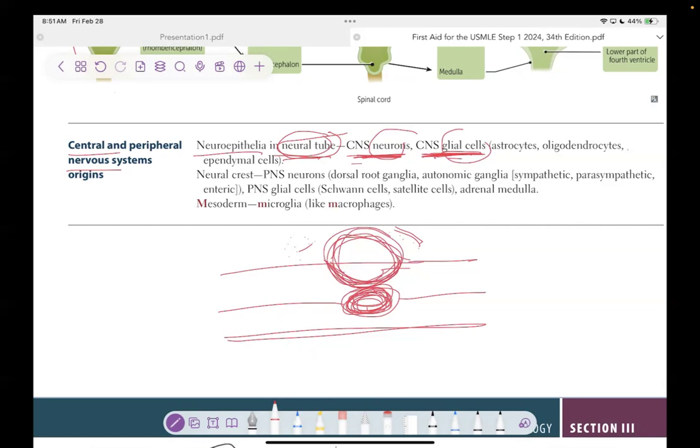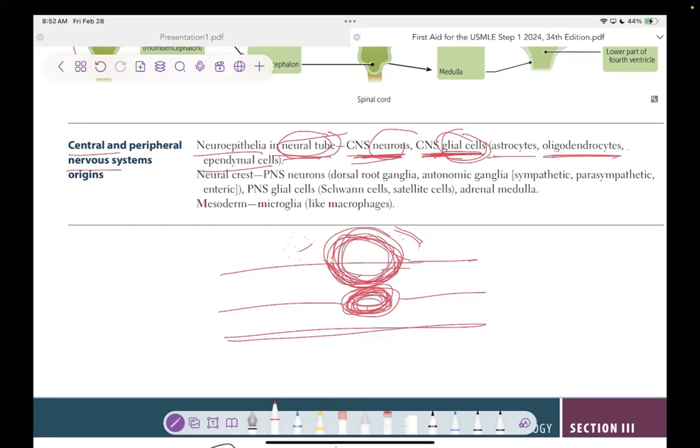About neurons, we know they have a dendritic part, an axonal part, and a body. But about glial cells, we need to know some cells in the CNS and their functions, like astrocytes, oligodendrocytes, and ependymal cells.